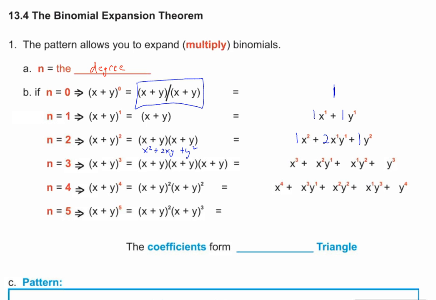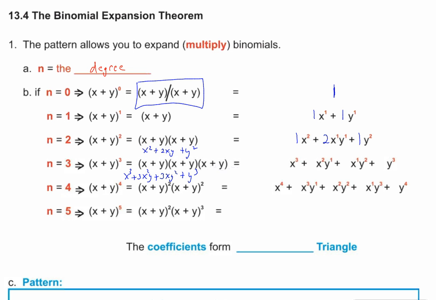Okay. What does the next one multiply out to? All right, so now you have 3 of them. X plus y times x plus y times x plus y. What do you get on this one? X cubed plus 3 x squared y plus 3 x y squared plus y cubed.